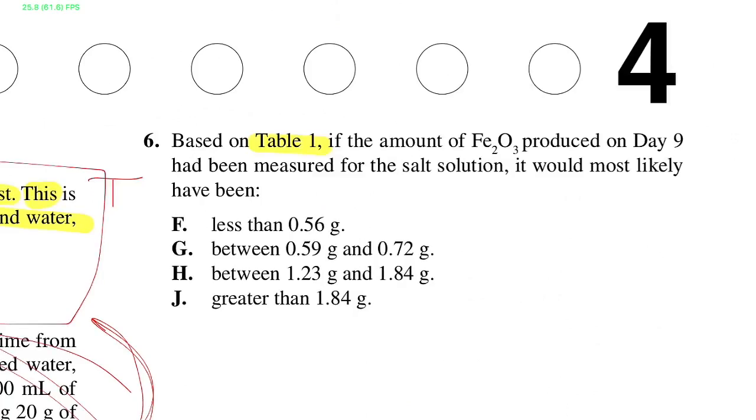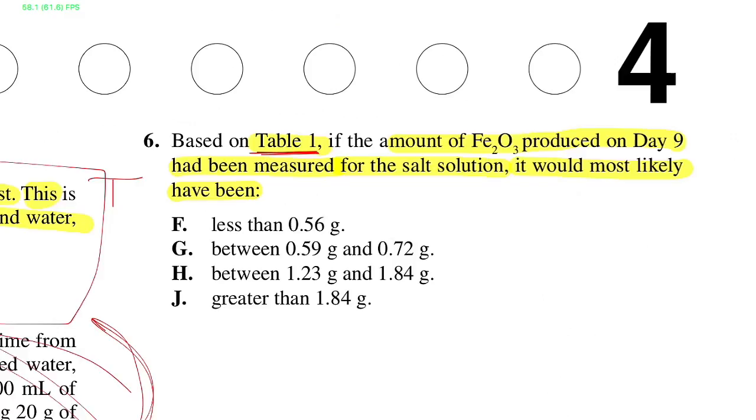It says, based on table 1, if the amount of rust produced on day 9 had been measured for the salt solution, it would most likely have been what? The question itself is telling me exactly where I want to look. I want to look at table 1.